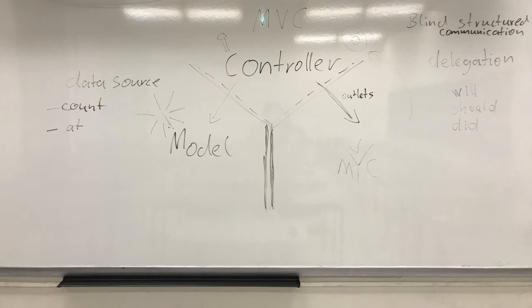So what kind of communication is allowed? Delegation, will, should, did, which is blind and unstructured, or target action. So what could this be? Should we pick target action or delegation?